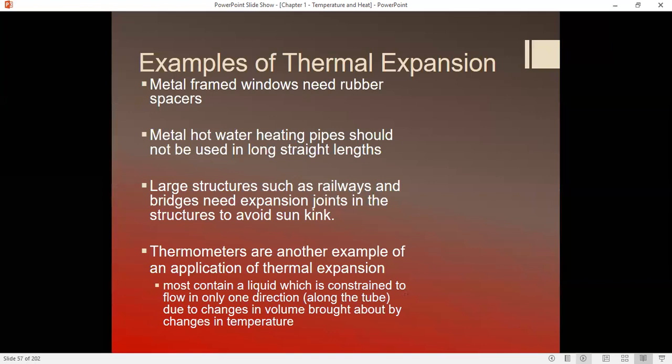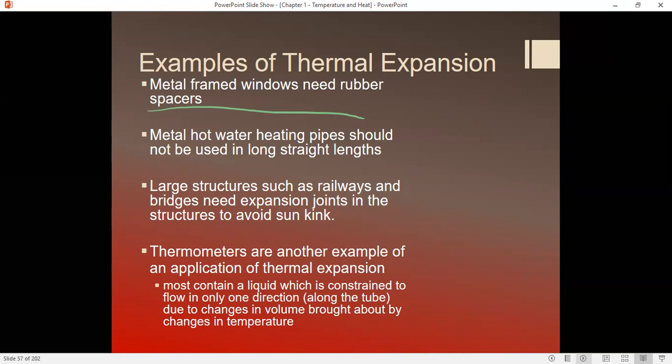So where are some examples where we have to be considerate of the expansion properties of a material? Well, looking at metal framed windows, we'll typically use rubber gaskets, not only to keep things sealed, but also to allow the metal and the glass to expand at unequal rates.